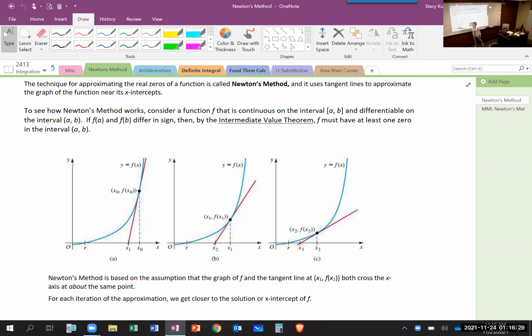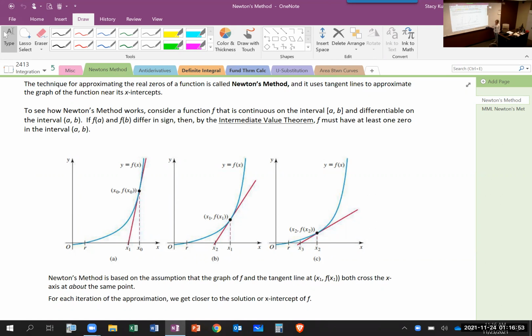If we cross the x-axis at r in this image, each time I use that approximation, I started at x naught, then I had x1, then x2, now I have x3. What are we doing? We're getting closer and closer to the actual value where it crosses the x-axis, okay?